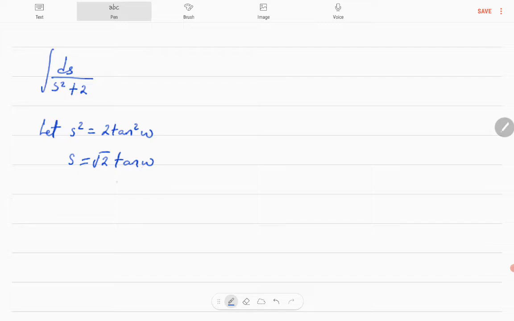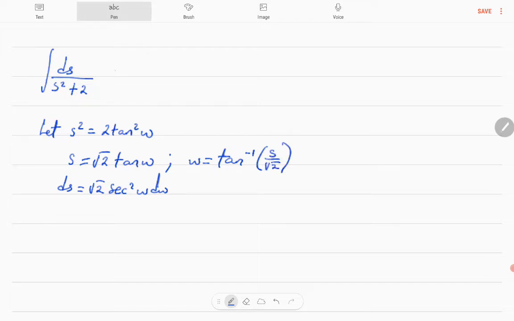And then when you differentiate both sides, you have ds is equals to root 2 sec square w dw. And of course, from here, I can have w is equals to tan inverse of s divided by root 2.